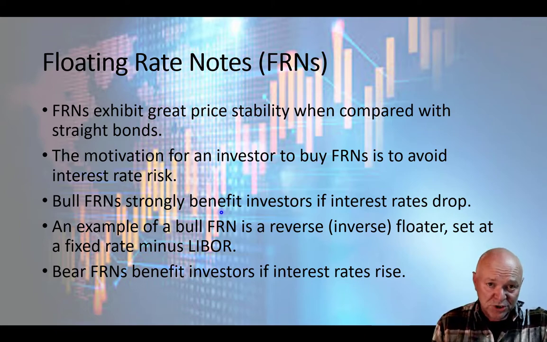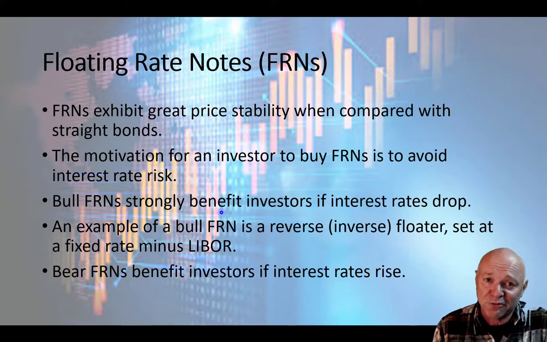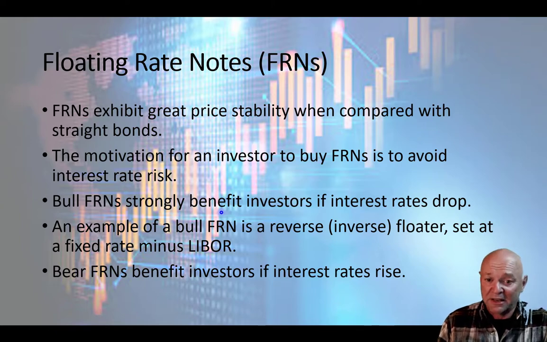One of the main motivations to invest in floating rate notes is to avoid interest rate risk, although there are special cases where you can actually use these as an instrument to express a belief that interest rates are going to rise or fall. By the way, another word for floating rate notes is floater. And in this case, a bull floater essentially is going to be set up so that it will benefit investors if interest rates drop.